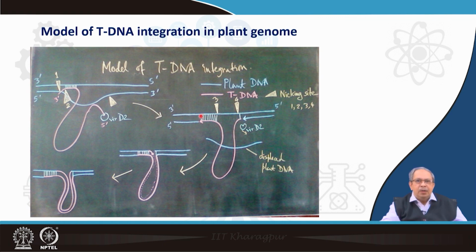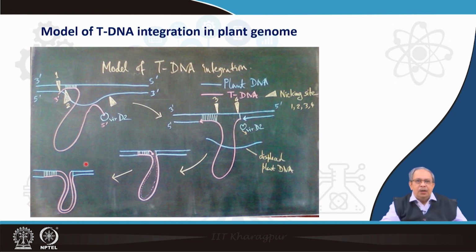So, what is required is one more cut, which should be here and here in the other strand. So, this will be empty. Now, as shown by this small arrow, this strand will start synthesizing its second strand and then it joins here.